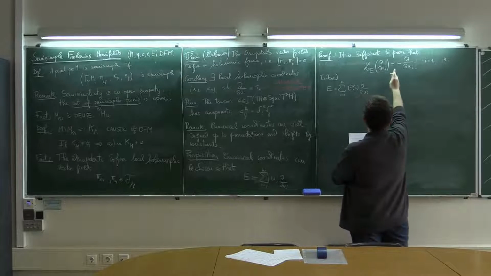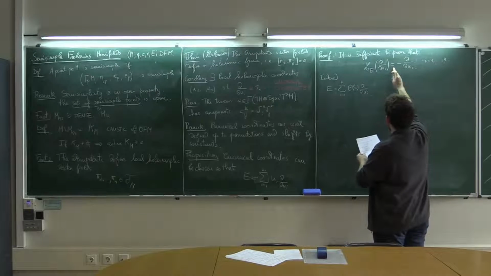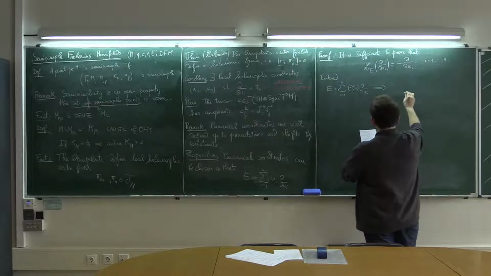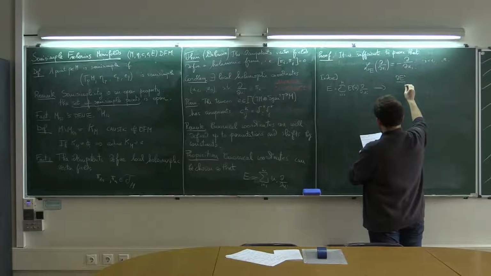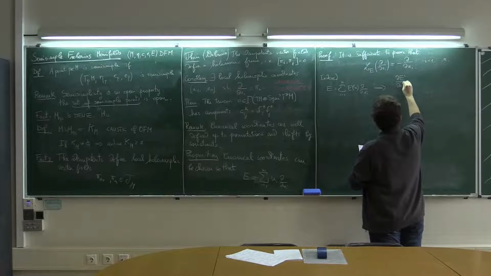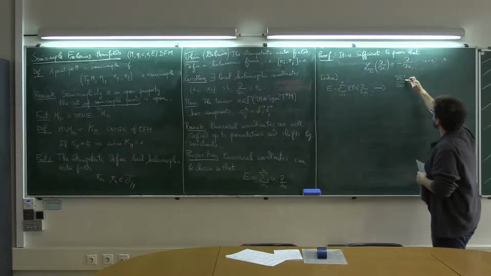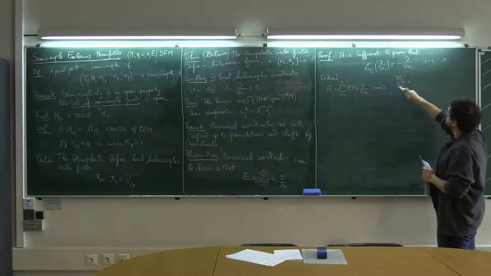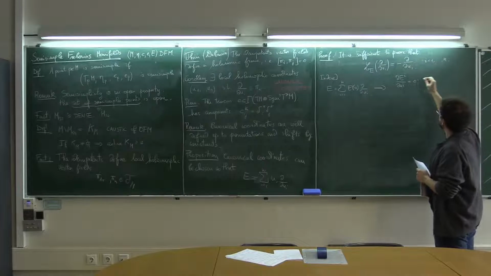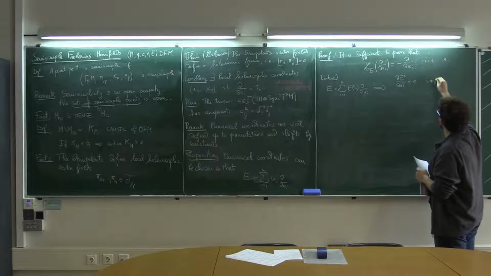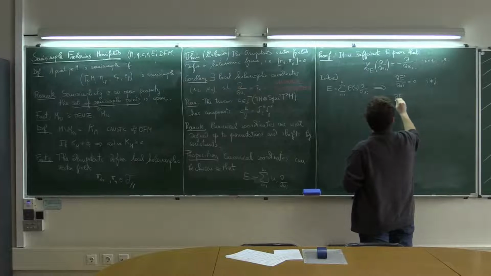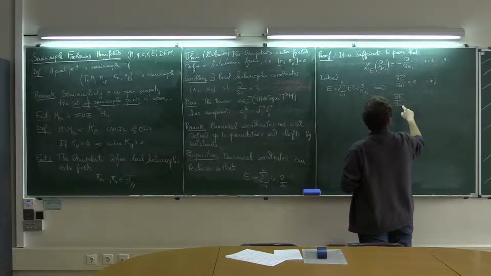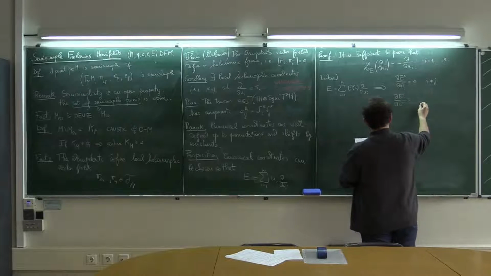If we are able to prove this, then the following follows: the derivative of the component ei with respect to uj is 0 if i is different from j, and the derivative of ei with respect to ui equals 1.